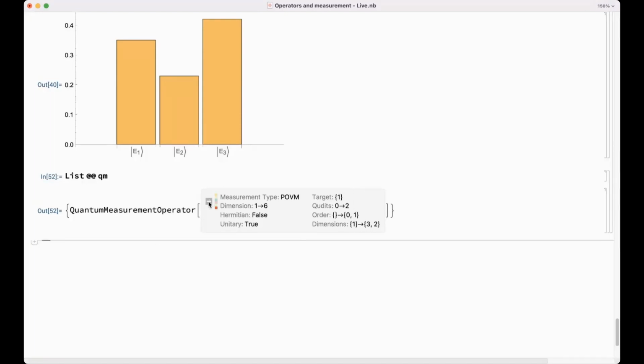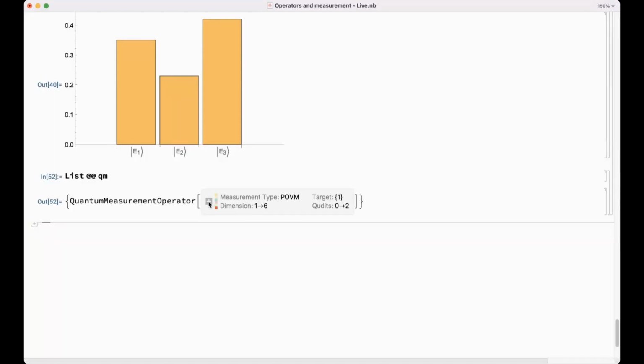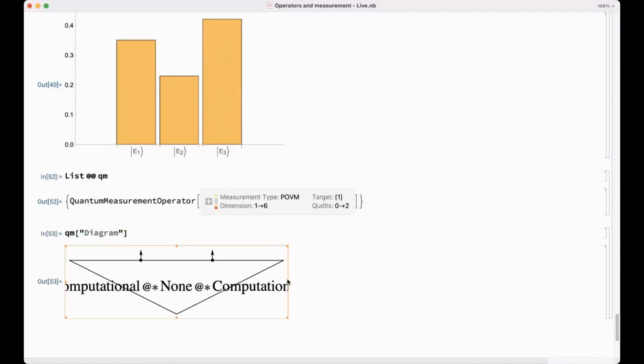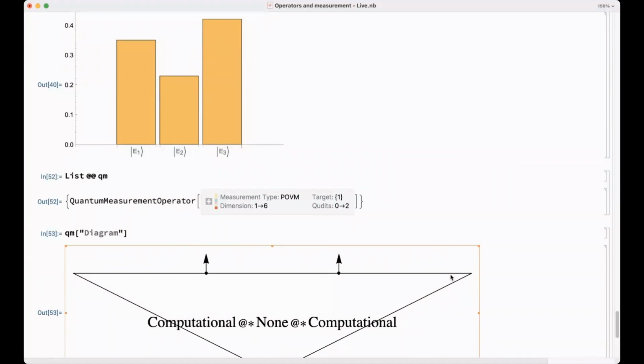The way that we deal with that is that we go to a higher dimension, in a much larger Hilbert space, where we include everything. That's why the diagram for your measurement is the same as the diagram for a quantum state.